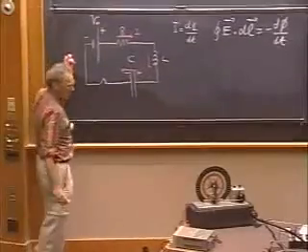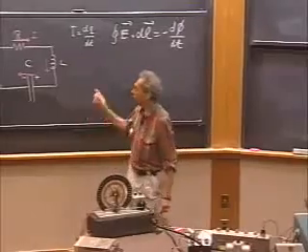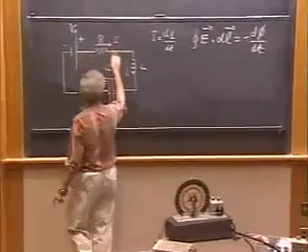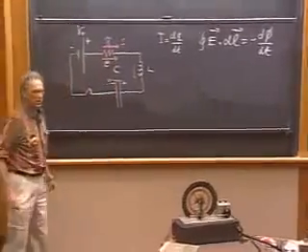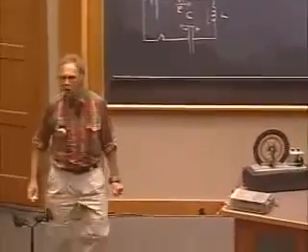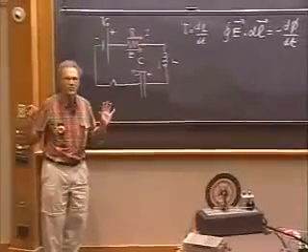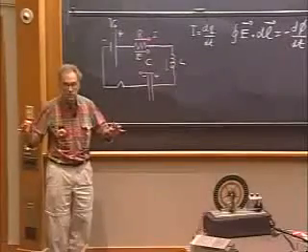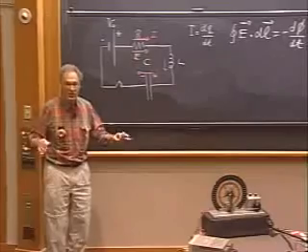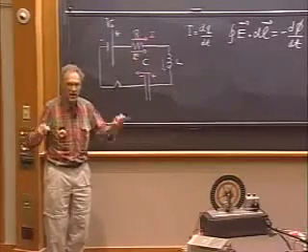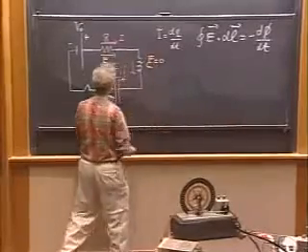And so I want to know what the E vectors are in each one of these components. If the current is in this direction, then the electric field in the resistor is in this direction. The self-inductor is made of superconducting wire, so there is never any E field inside a self-inductor. Unlike what many EE people think, there is never any electric field inside a self-inductor, so the E here is 0.